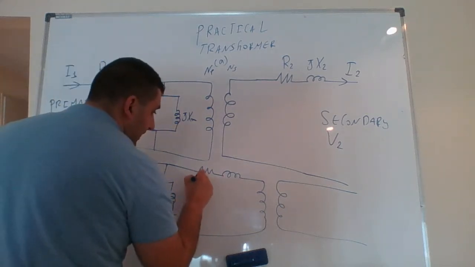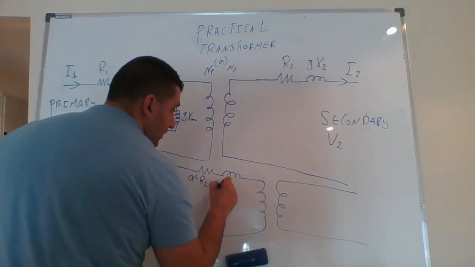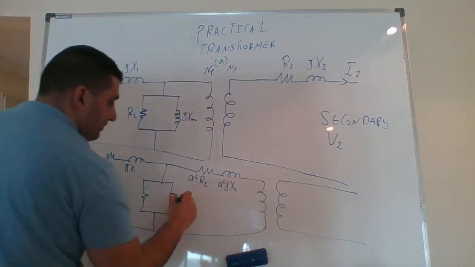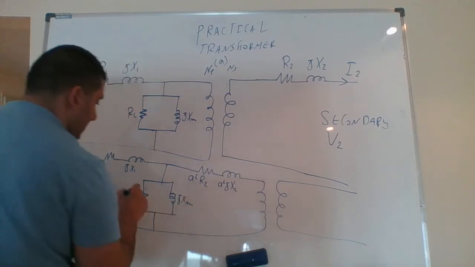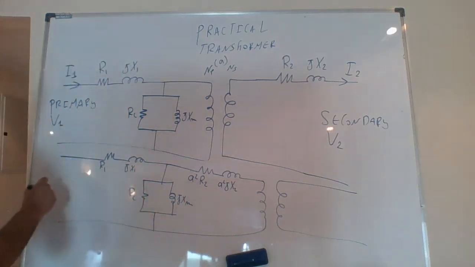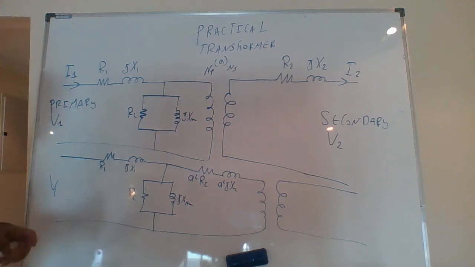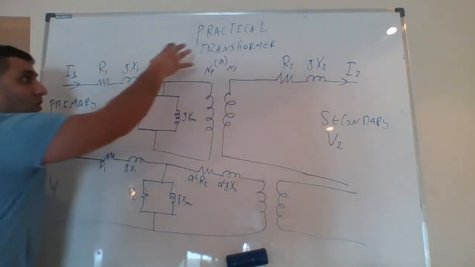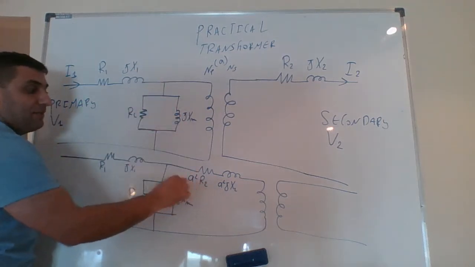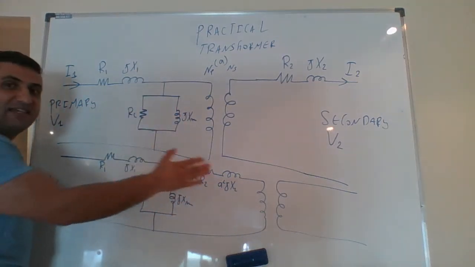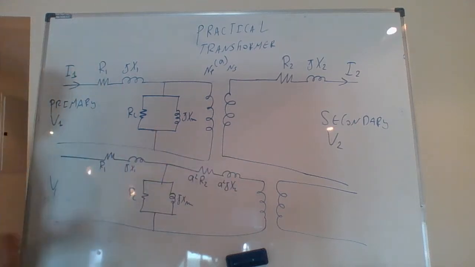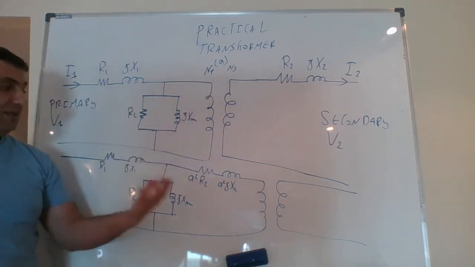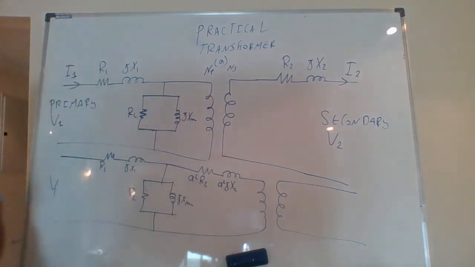This will be A squared R2, A squared JX2. This will remain the same. So what we've done is represent this impedance on the primary side by multiplying by A squared. That's exactly what we proved during our last lecture, that the impedance on the secondary side seen from the primary is A squared Z.